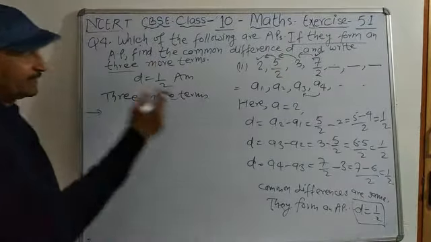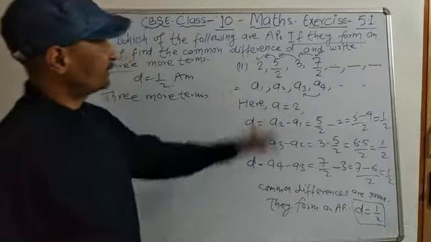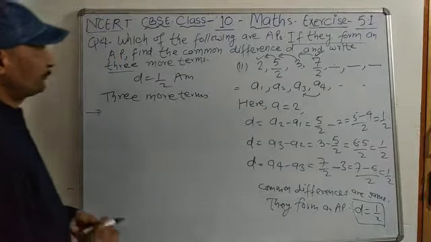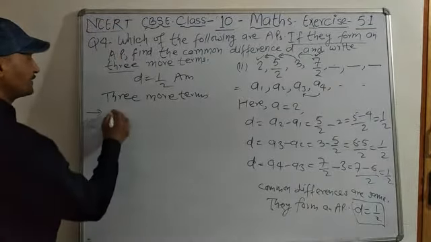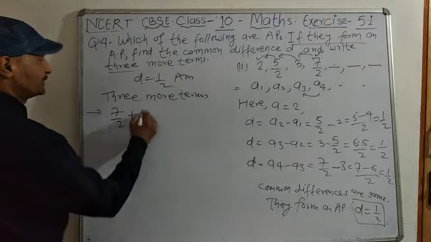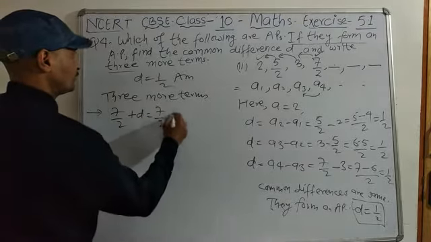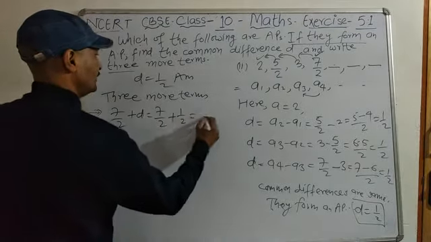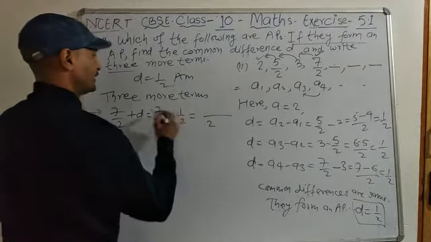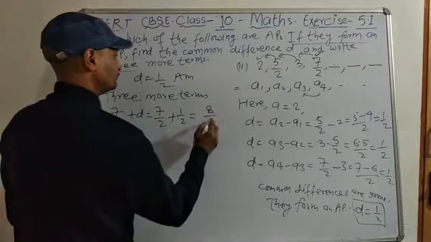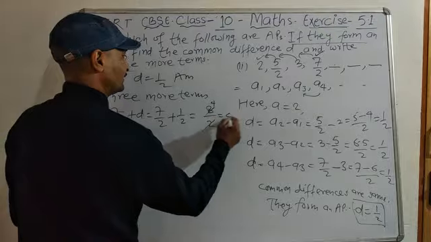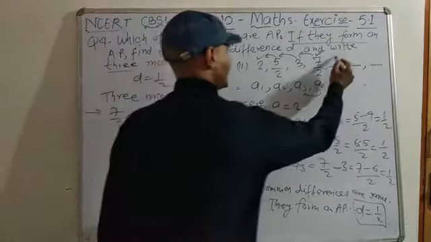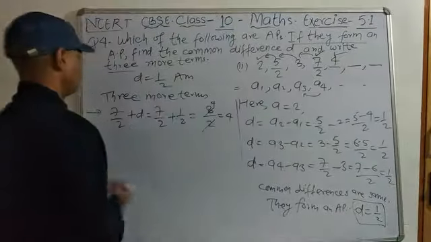And how we get next numbers, we get D. If we add D, we get next number. That means last number was 7 by 2 plus D. So 7 by 2 plus 1 by 2. LCM is 2. 7 plus 1, 8 by 2. 2 4 is 8. That means this number is 4.